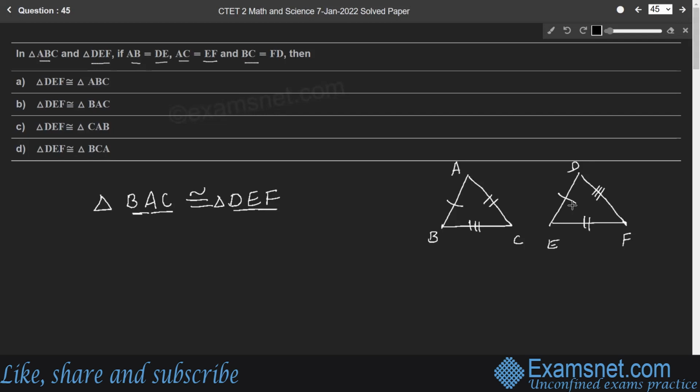So which is true here. And first and the third letter BC is equal to DF. Here it is given FD. Both are same. Therefore, triangle BAC is congruent to triangle DEF, or triangle DEF is congruent to triangle BAC. Therefore, option B is the correct answer.